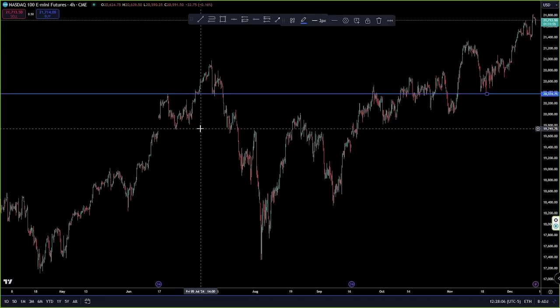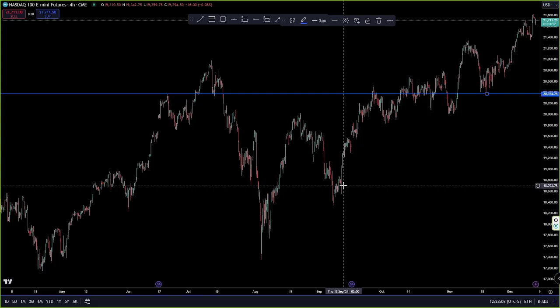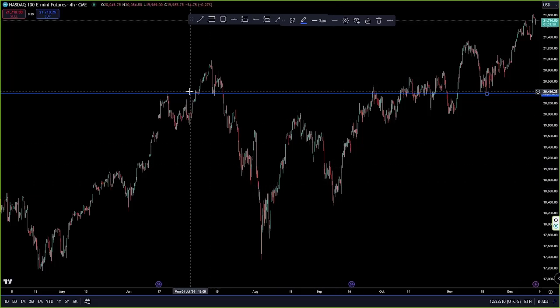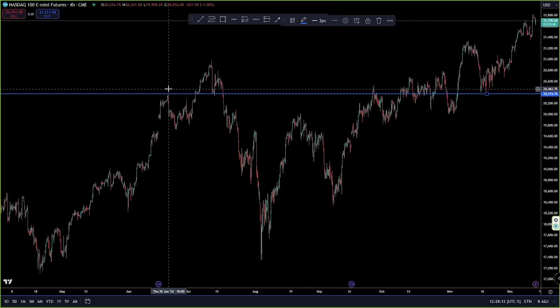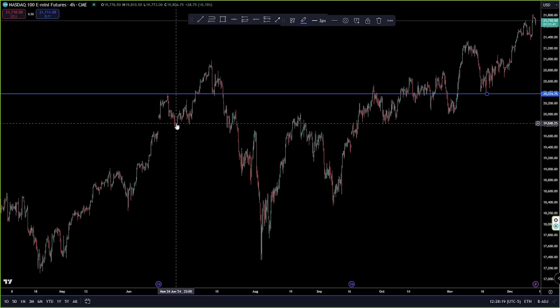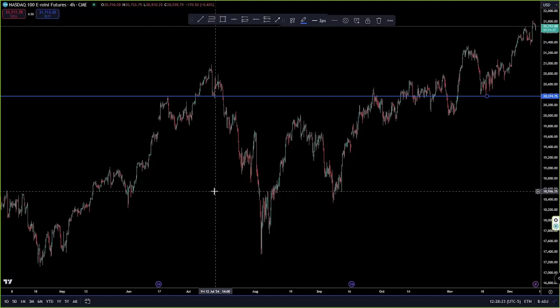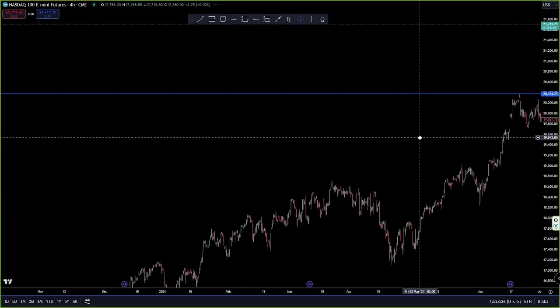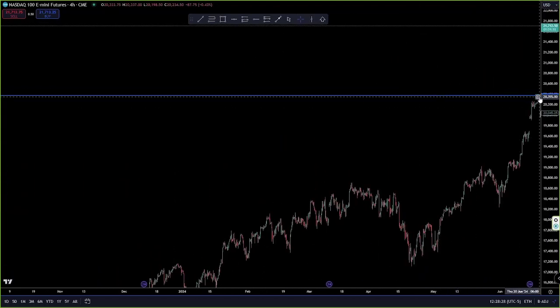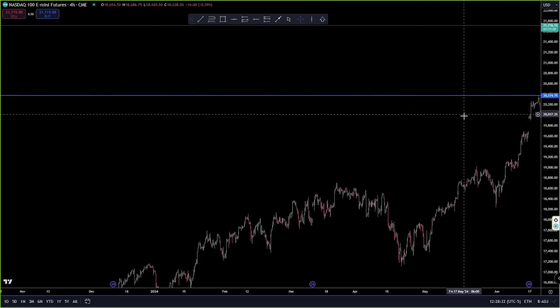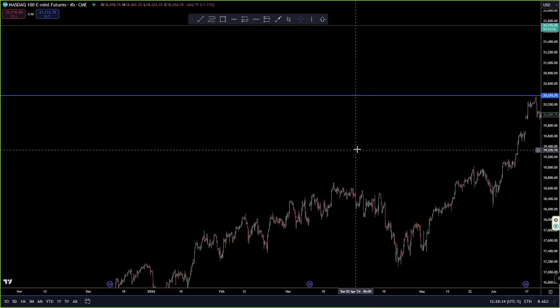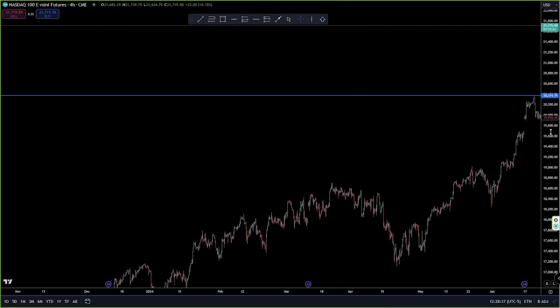I draw a line here. What do we see? We have a point back in June where it made a high and then bounced off. If I go like this, and now we're in real time, you can see that we made a high and bounced off of it.